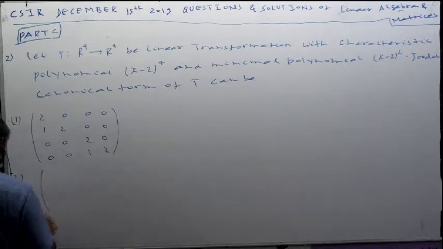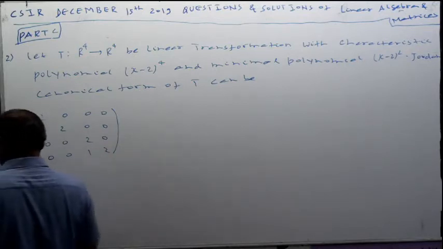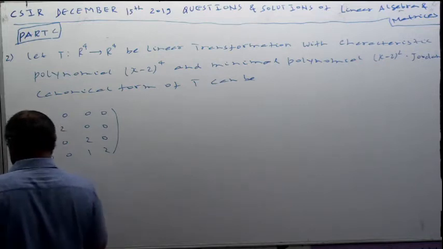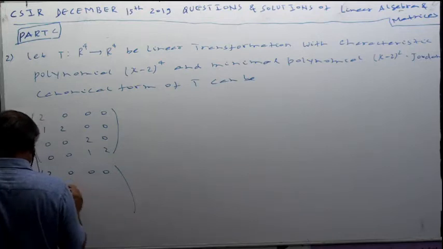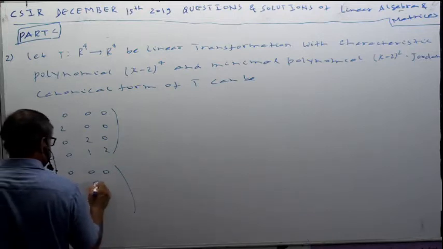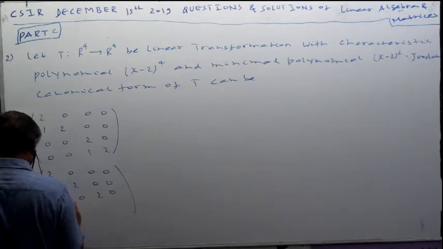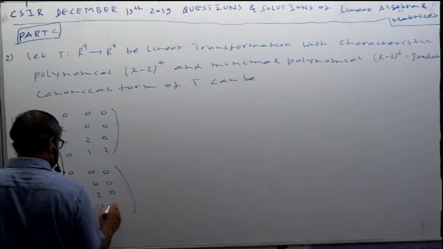Second: 2 0 0 0, 0 2 0 0, 0 0 2 0, then 0 0 1 2.